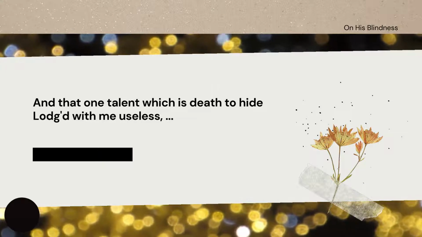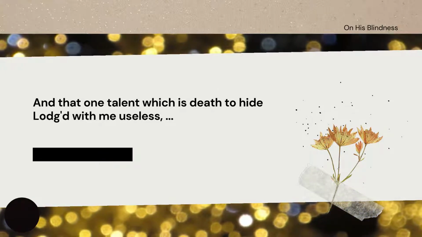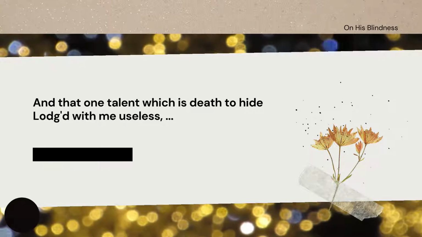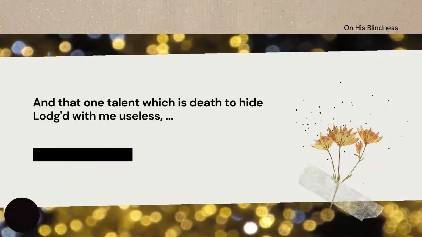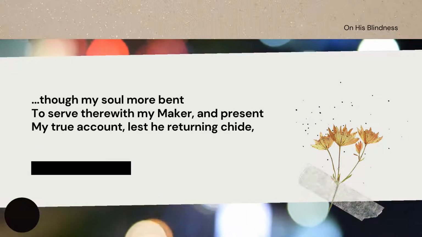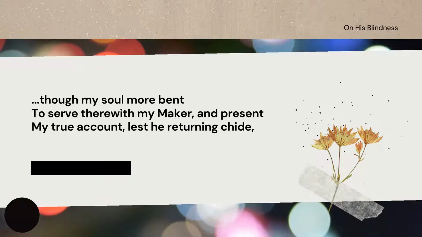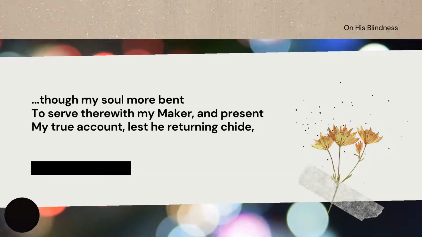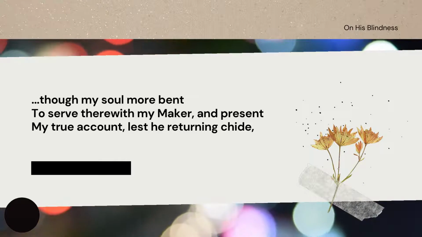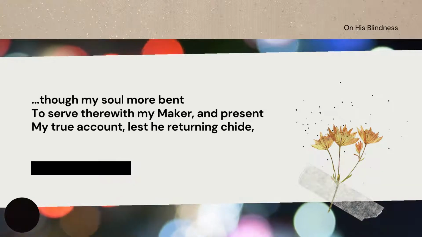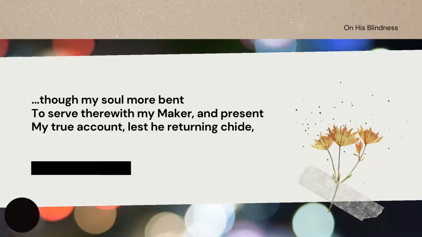Milton thinks that his talent of reading and writing will also go in vain, as he would never use it again. Going on to the next lines, "though my soul more bent to serve therewith my Maker and present my true account, lest he returning chide."